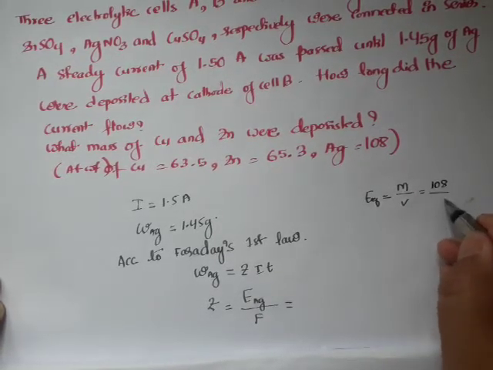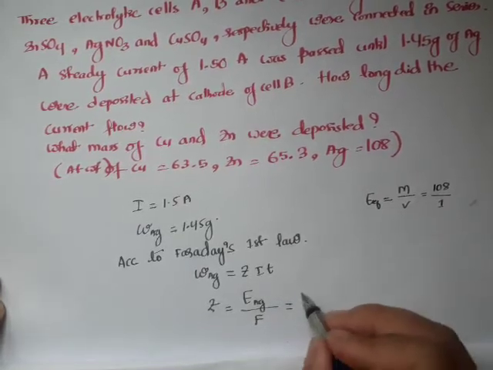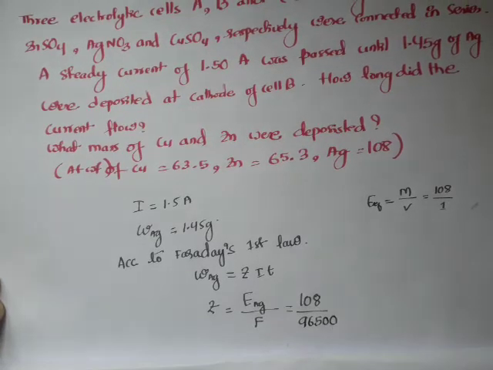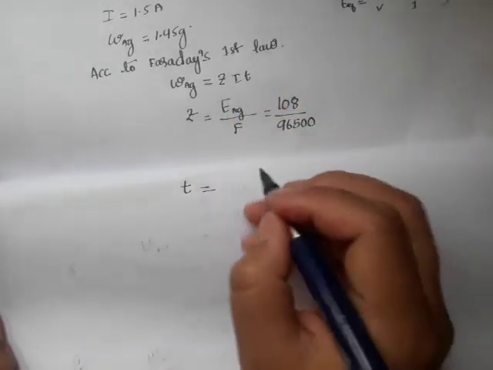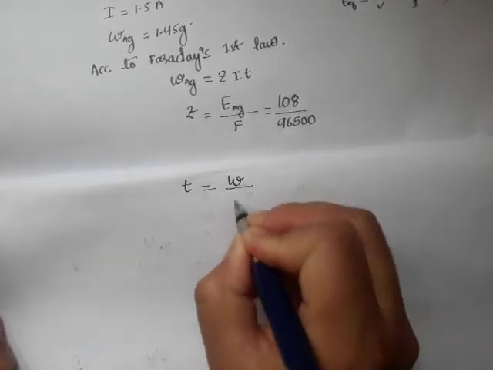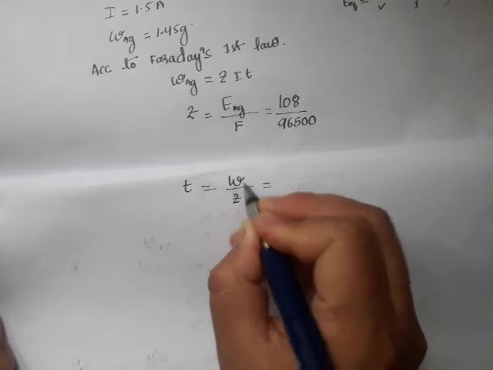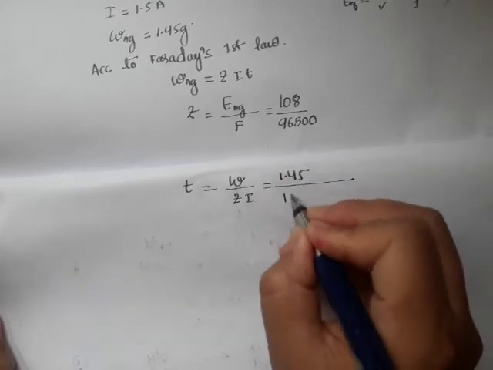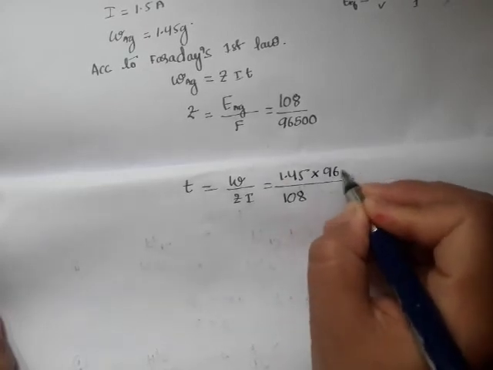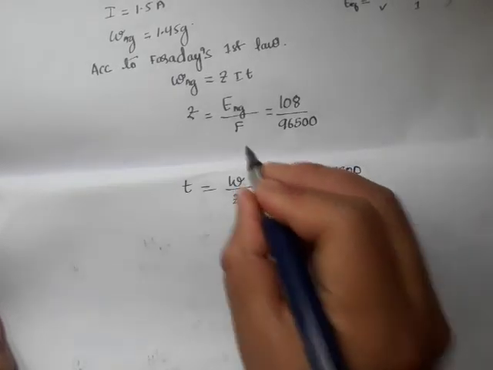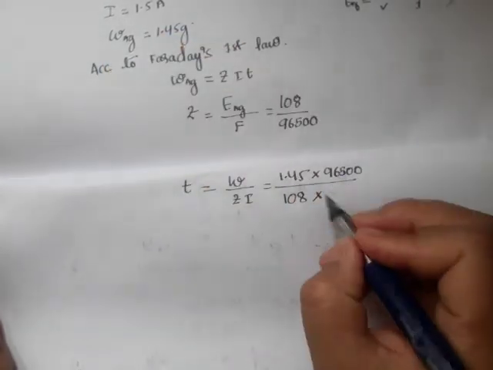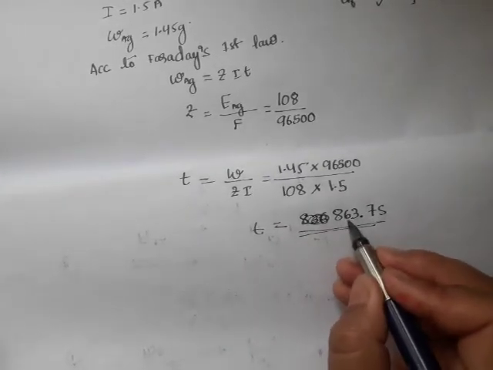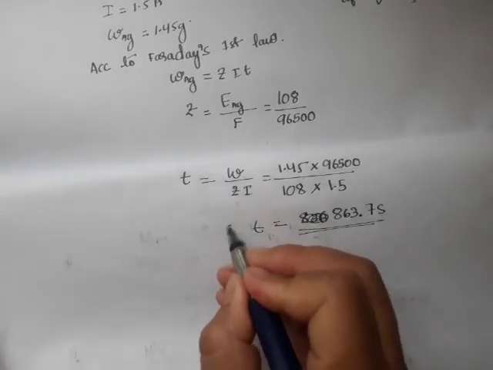Valency of silver here is +1, so equivalent weight and molar weight are the same, 108 divided by 96500. To find t, t is W divided by Z I, so 1.45 divided by 108 over 96500, into I which is 1.5. After calculating everything, we get 863.7 seconds. This is the first part of the question.